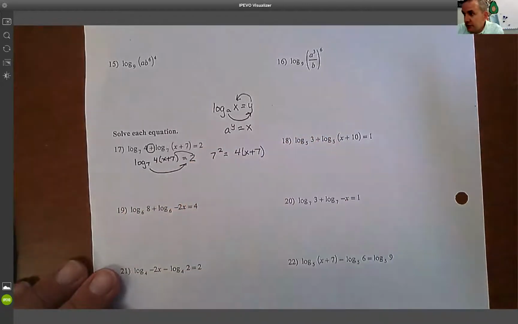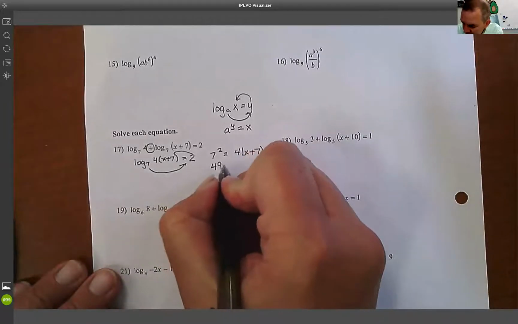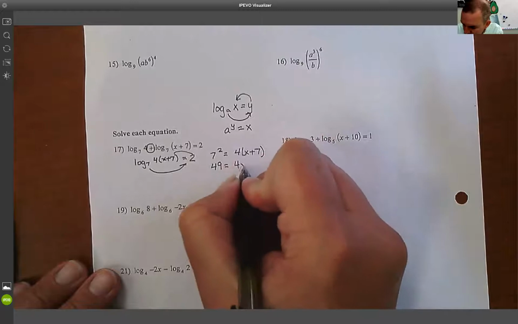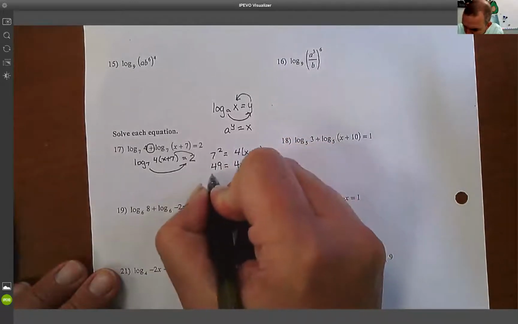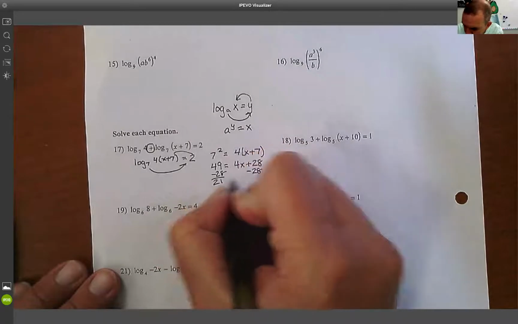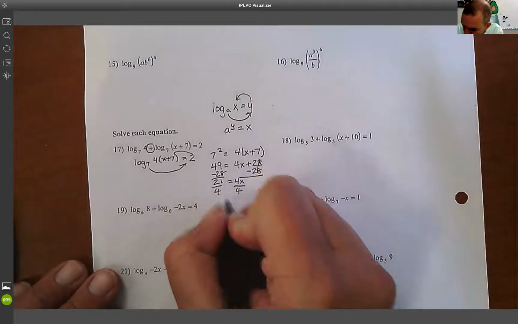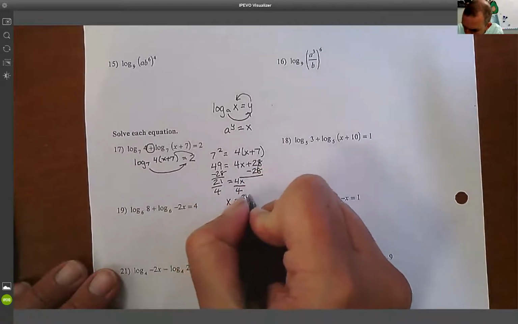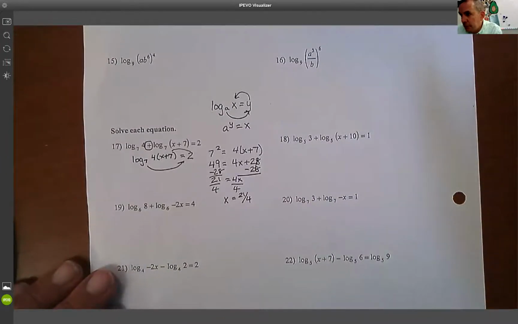This becomes like algebra 1. 7 squared is 49. If we distribute, we get 4x plus 28. Then we solve for x: minus 28, minus 28, 21 equals 4x. Divide both sides by 4, and you get x equals 21/4. That's what we did today in terms of bringing them back together.